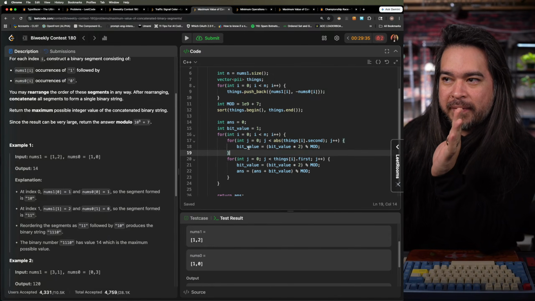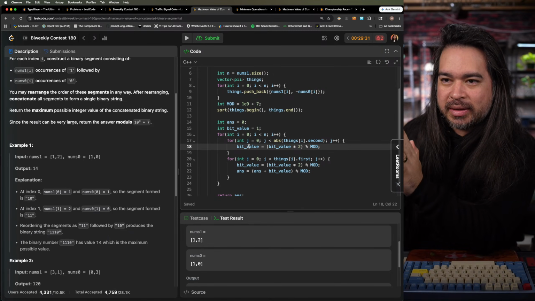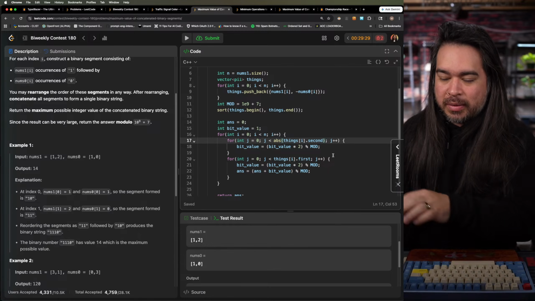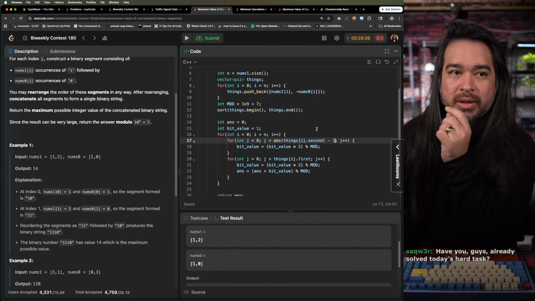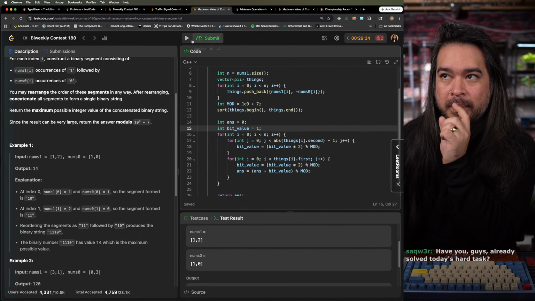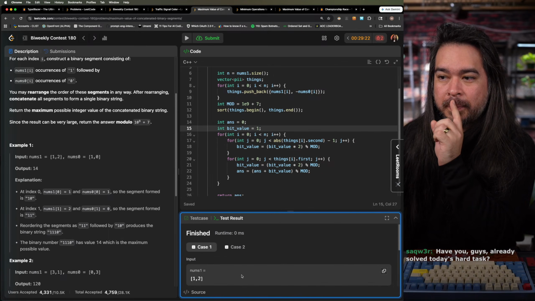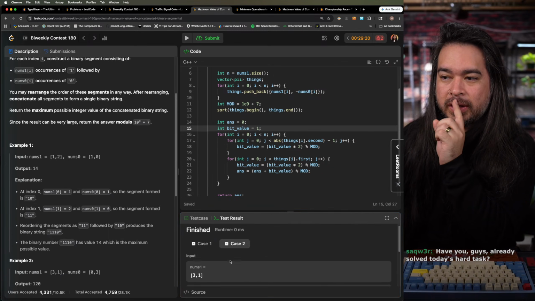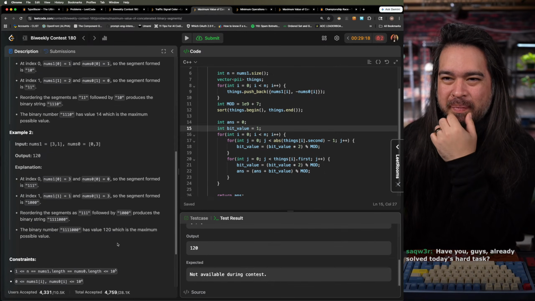I feel like my bit value is probably shifted one ahead. That's what I'm feeling. So maybe this one I just do up to -1 or something. $14. Should I send that?